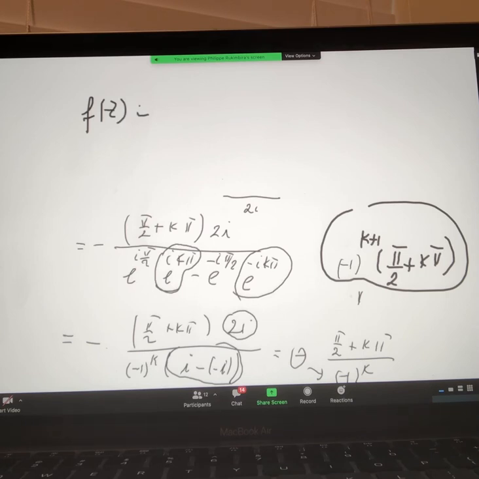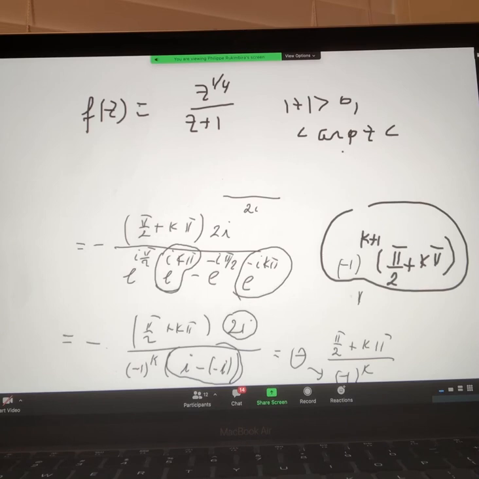Now f of z is z to the 1/4 over z plus 1, which is defined for modulus of z positive and argument of z. You have to pick a branch because of the fourth root of z.